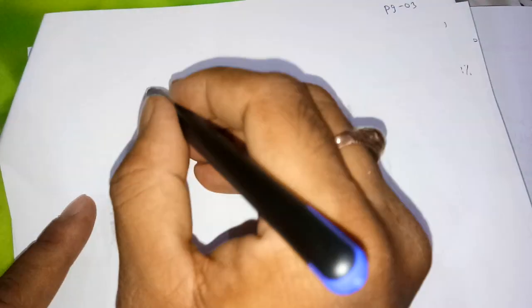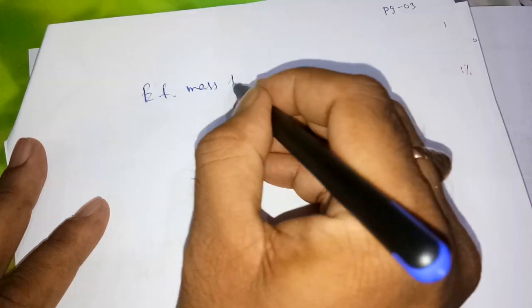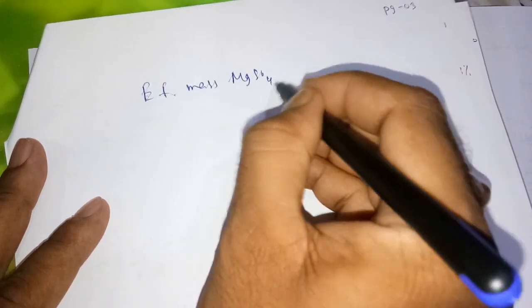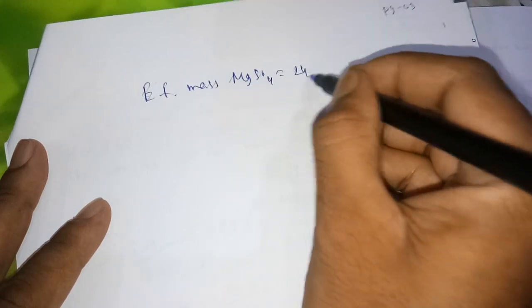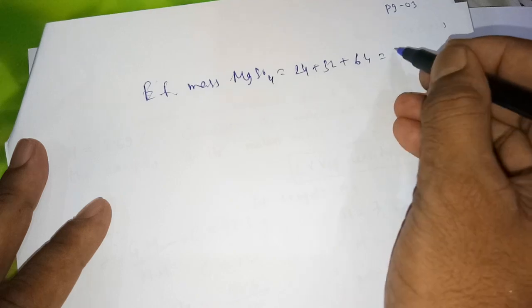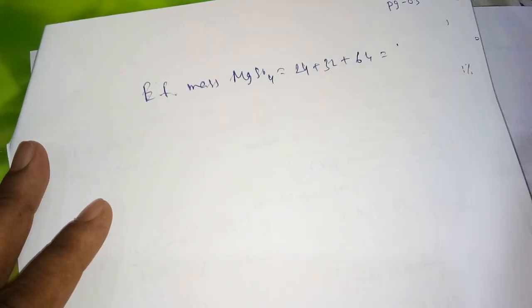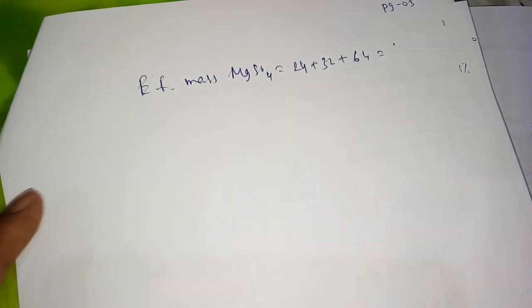Now the empirical formula mass of MgSO4 is 24 plus 32 plus 64. You just calculate it and you will get that.